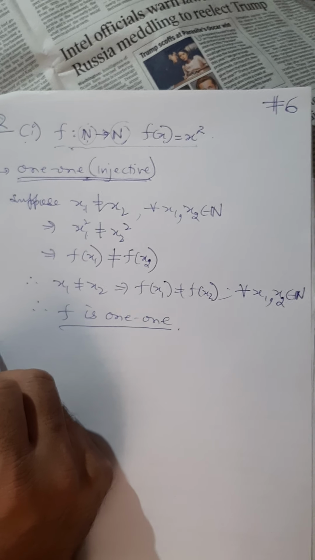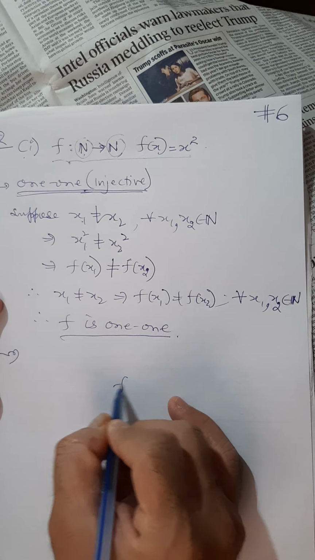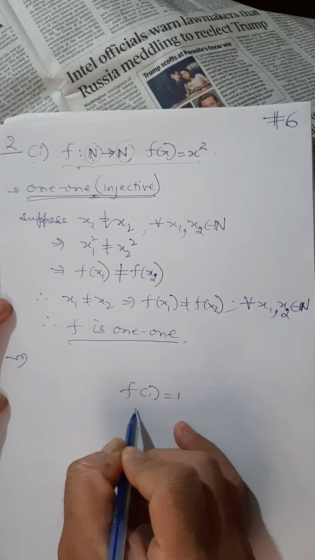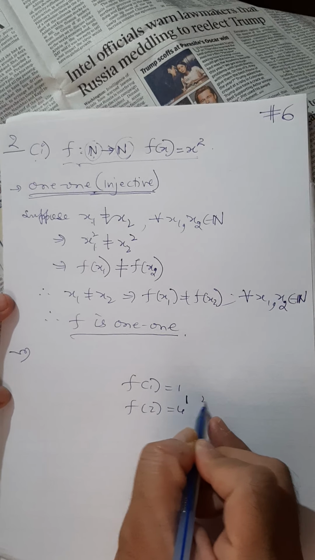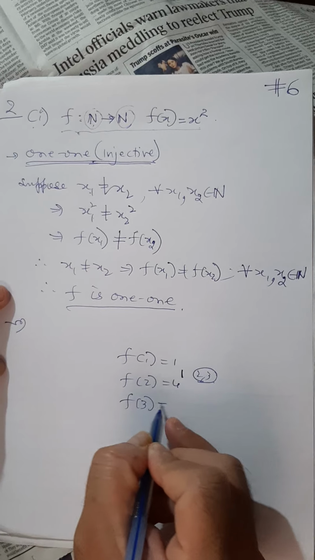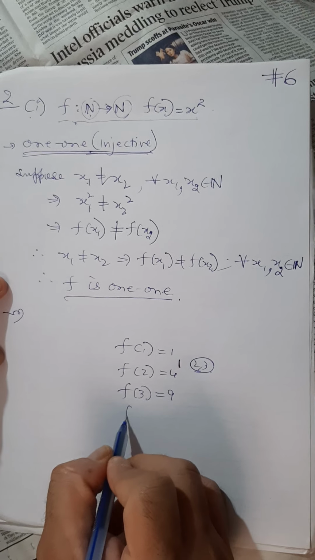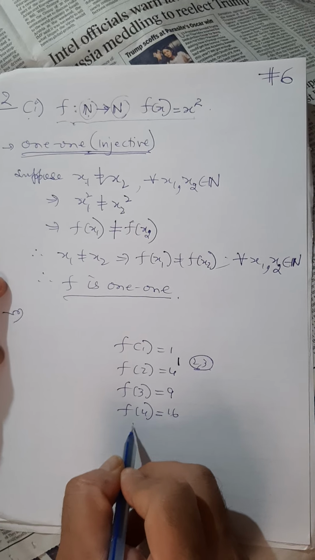Now here by just observation you can see, if I start writing members, if I write f of 1 is 1, if I write f of 2 is 4, so you see 2 and 3 did not come at all. If I write f of 3 directly, you are having 9. If I write f of 4, you have 16, and so on.